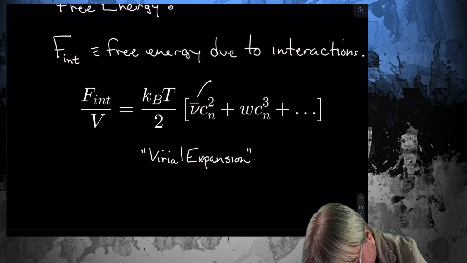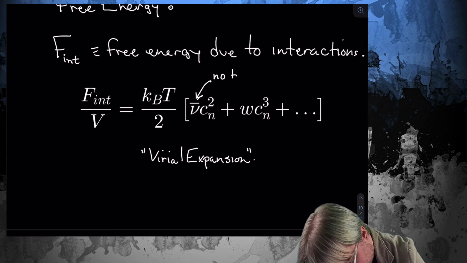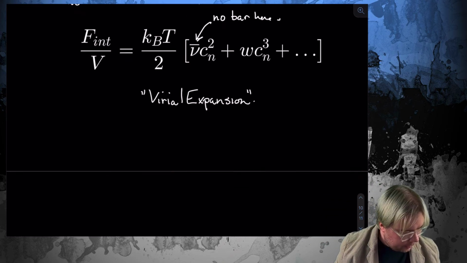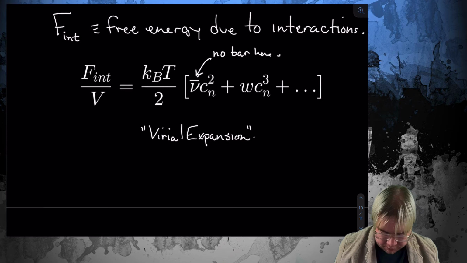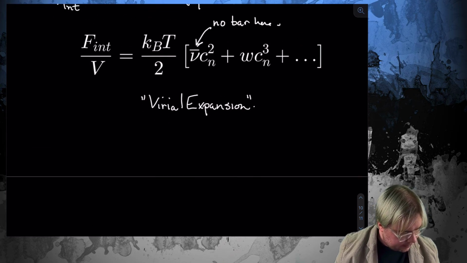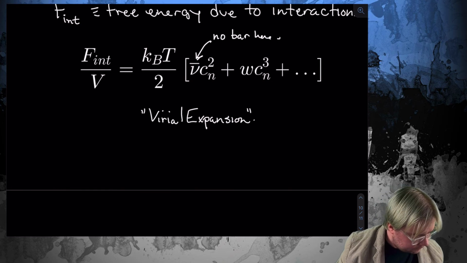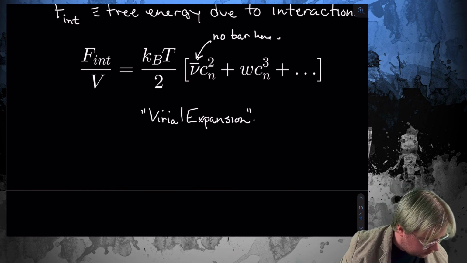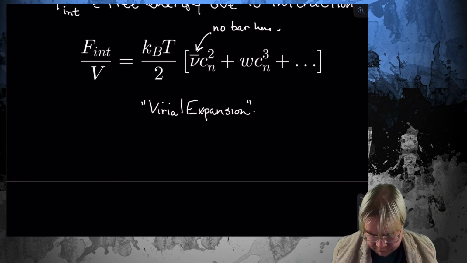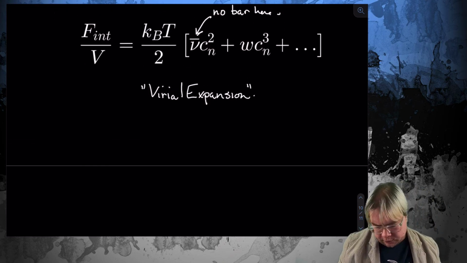Should also say no bar above the V. And what's this going to look like? Well, let's see. Let me check my notes. This is true whether we have spherical particles or not.